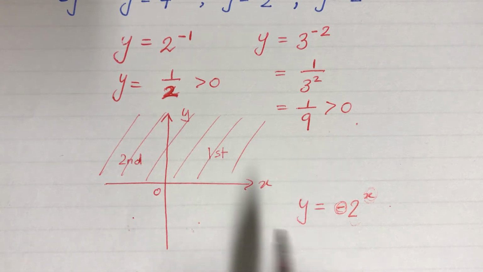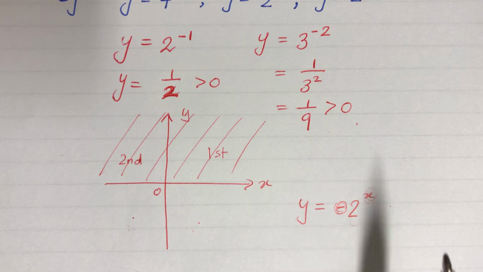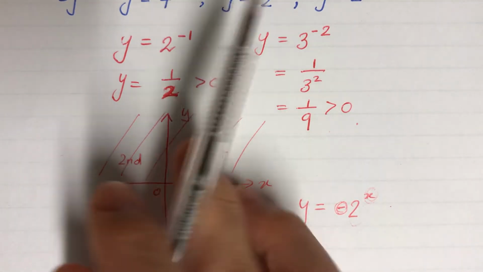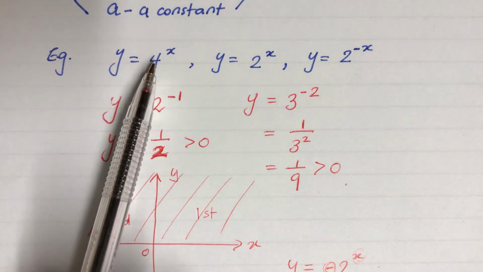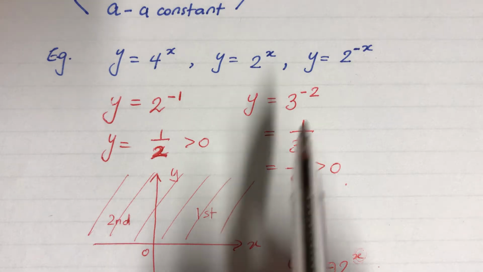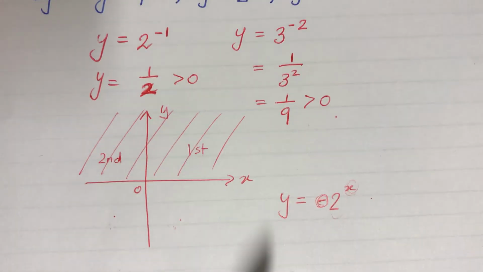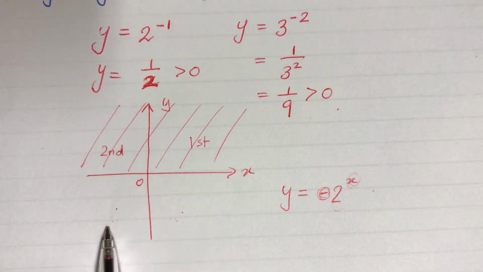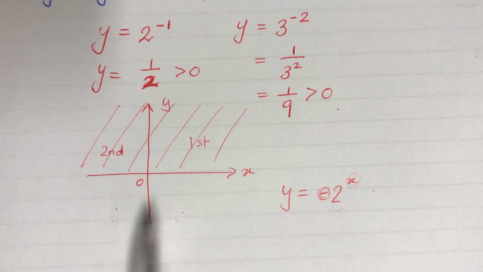So you can have third and fourth, but when the constant is positive, you will not have a negative y value. It only happens when the constant is negative, then the y values will be negative, in the third and fourth quadrant.